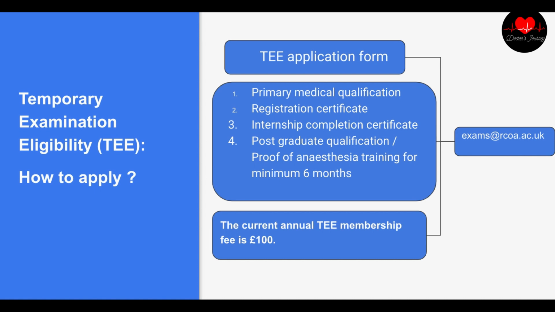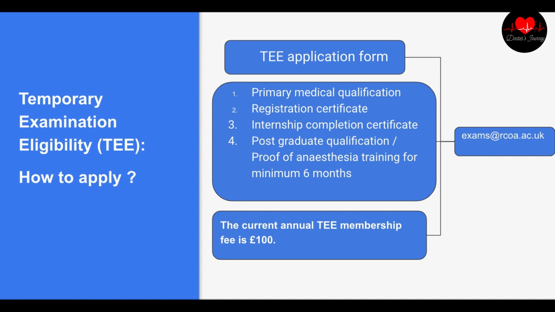However, if you're still studying as a postgraduate student in anesthesia, you can also apply for this FRCA exam, as you only have to provide the proof that you're being trained in anesthesia for a minimum of 6 months. This can also be a certificate signed from your college, wherever you're getting your post-graduation studies.